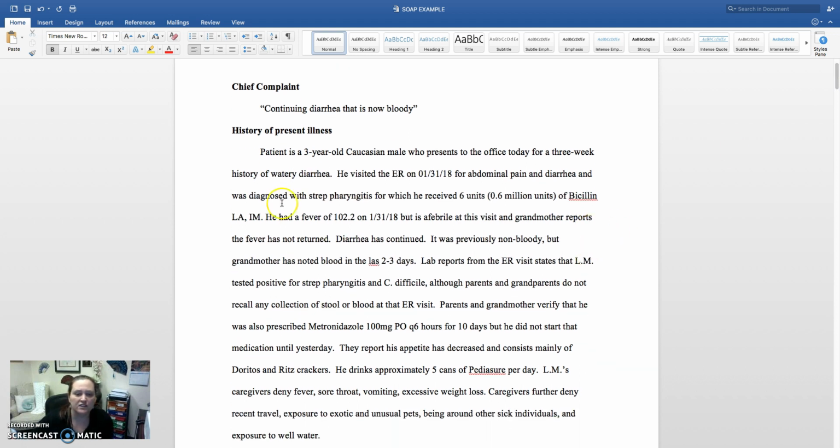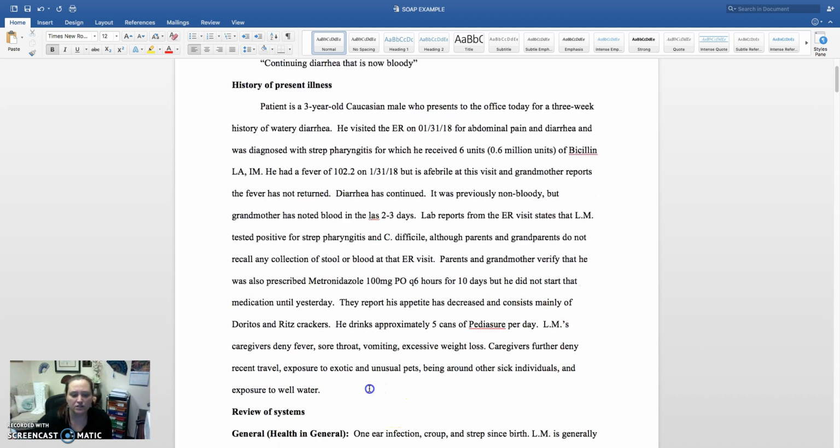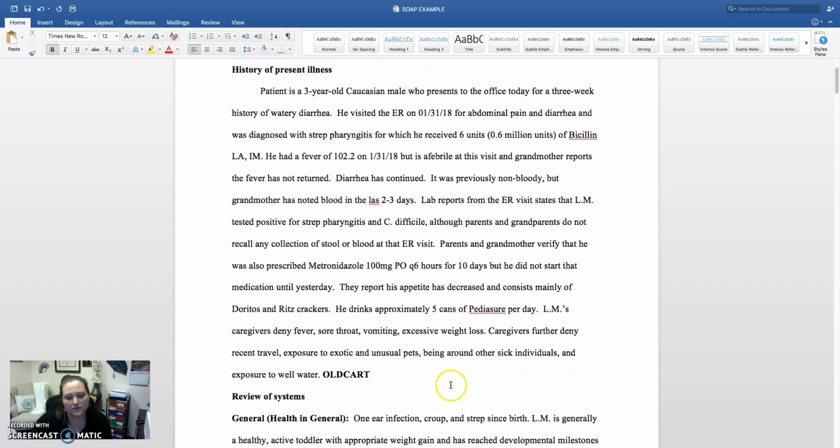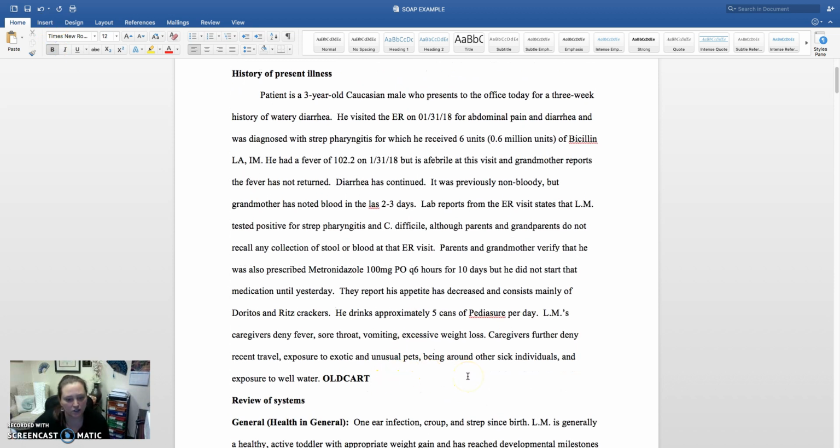So when you're doing a history of present illness, you want to make sure that you're following the standard OLDCART format. If you're not positive or you don't remember what OLDCART is, be sure to look that up. Your HPI should be addressing each one of those OLDCART designations.